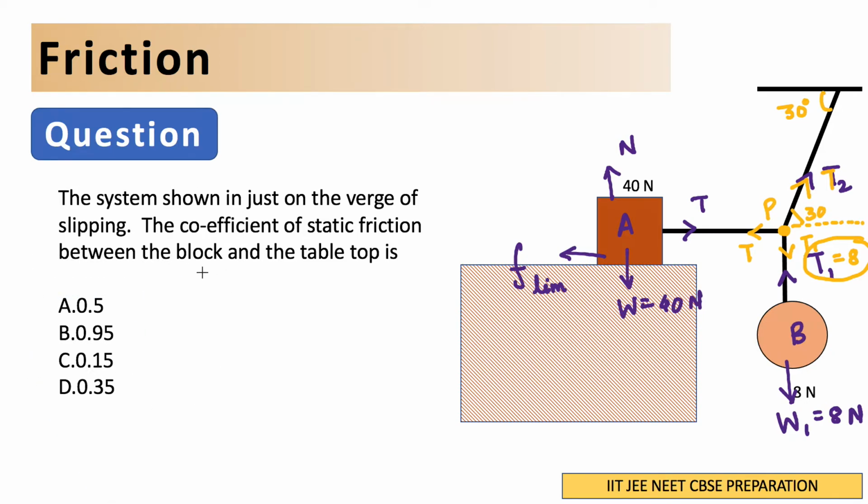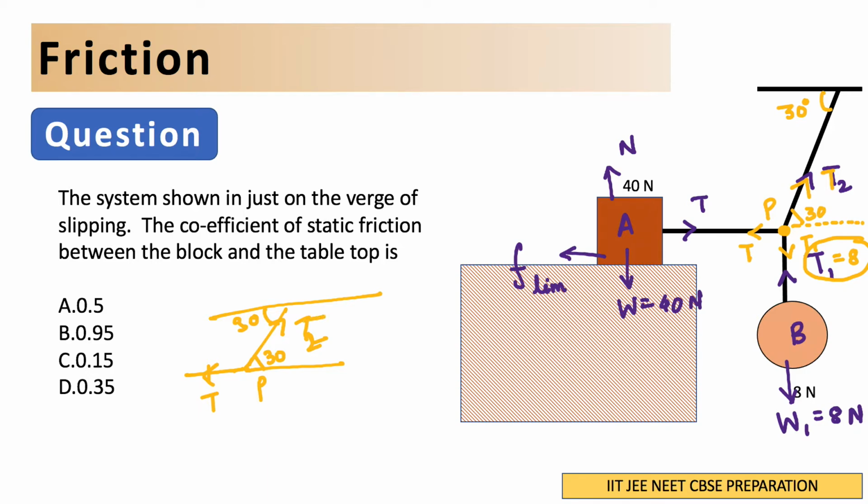If I draw this point P, here T is acting. So now this was your T2, and we found that this angle was 30 degrees. So if this angle is 30, this angle will also be 30, right?